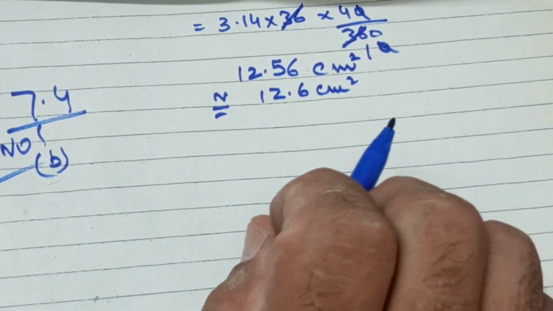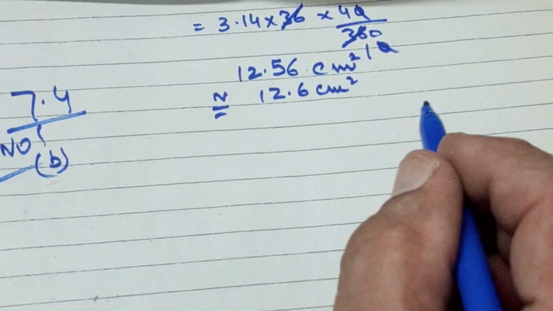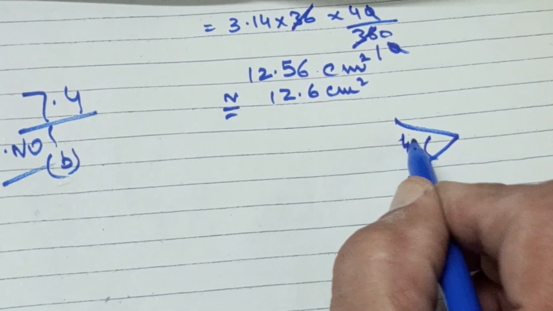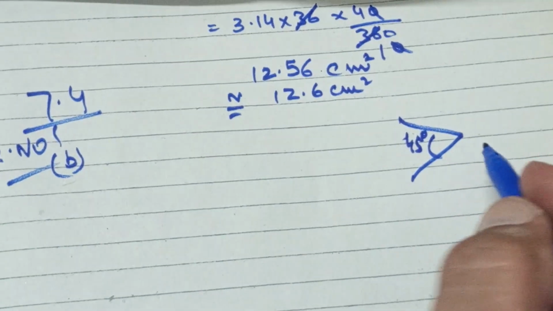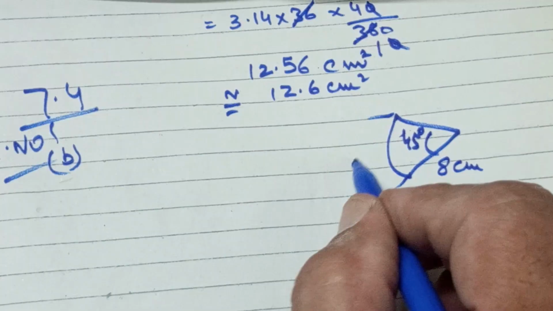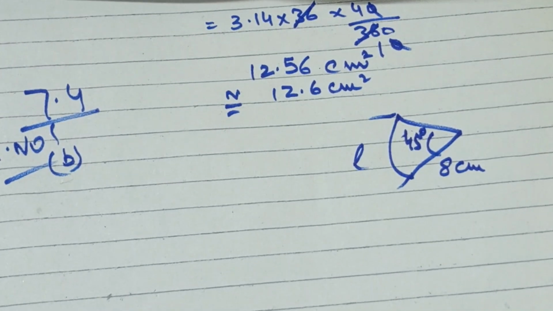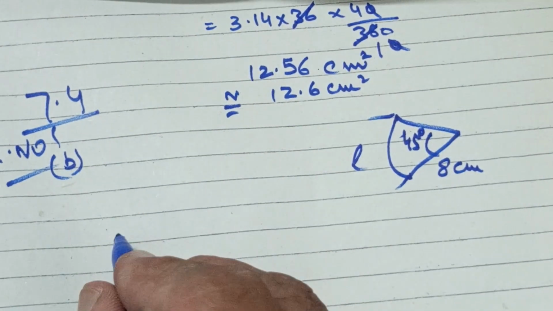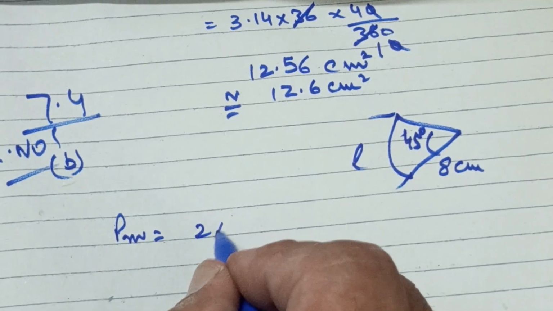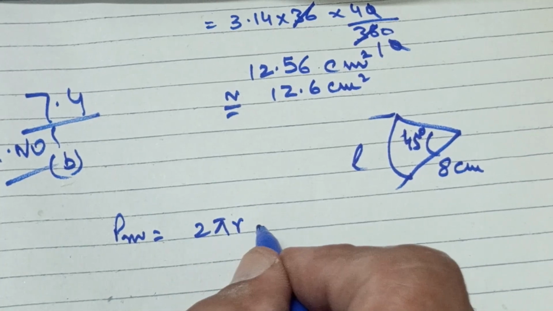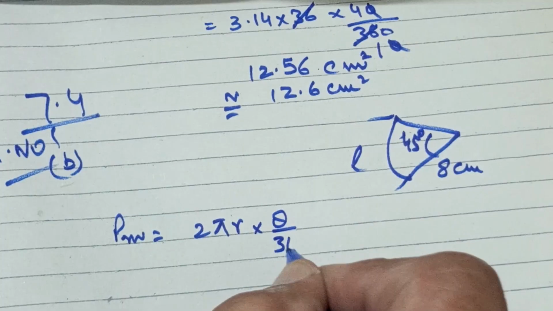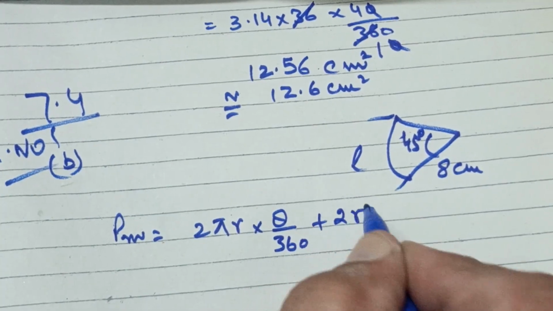So the only difference in this figure is the radius and the angle, 45. Now the angle is 45, the radius is how much? 8 centimeter. And we have to find this arc length L first. So perimeter is equal to 2 pi r into theta upon 360 plus 2r.